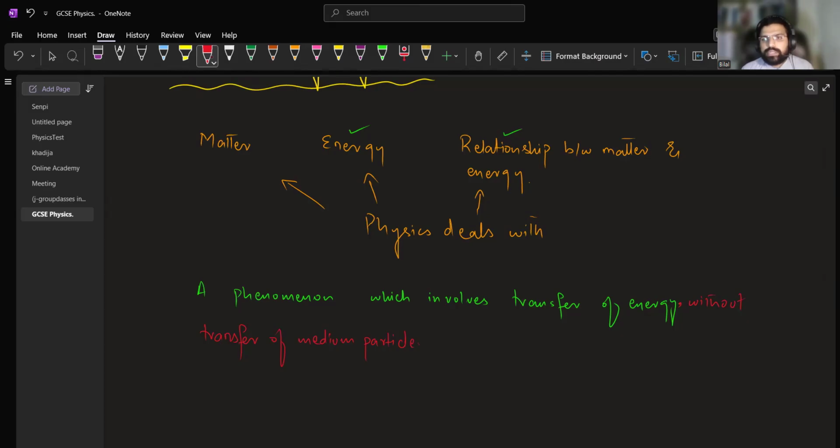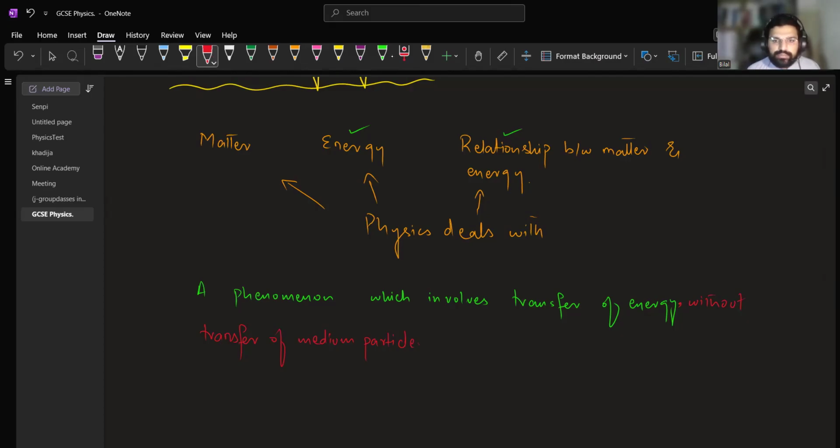No, that's not the case. It is the energy which is propagating from my mouth to the listener's eardrum, and the air particles stay at their position. Let me show you a very interesting simulation that will help you understand the second part, how a wave propagates without the transfer of medium particles.